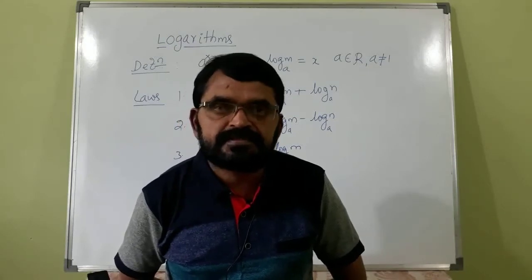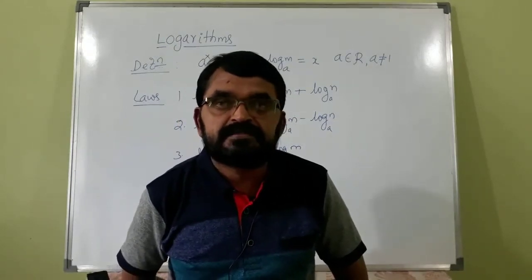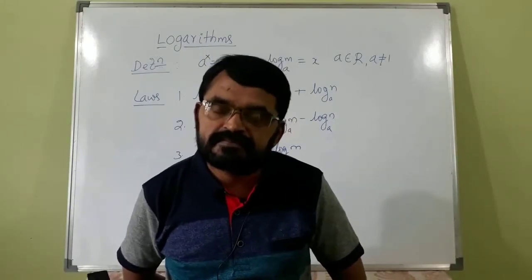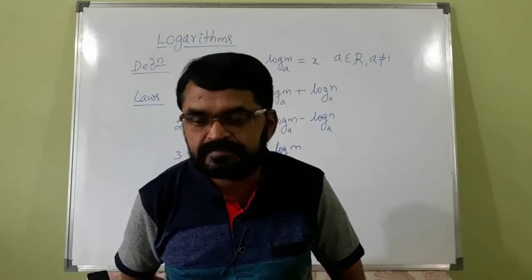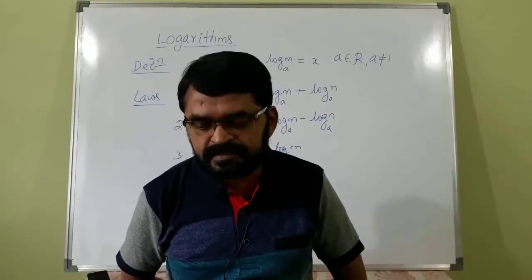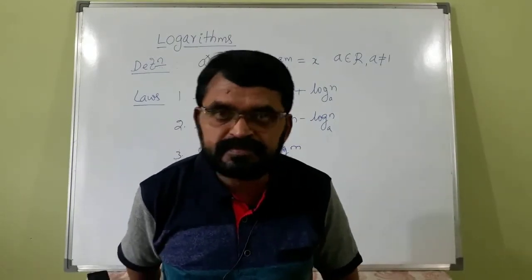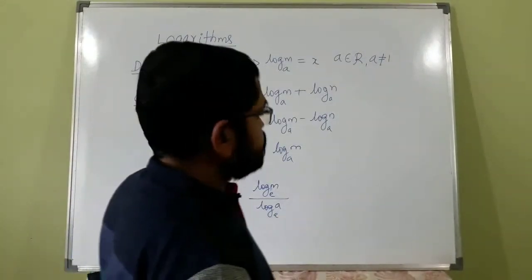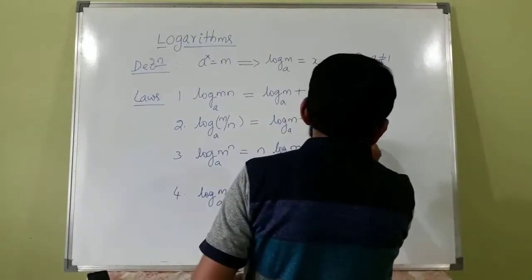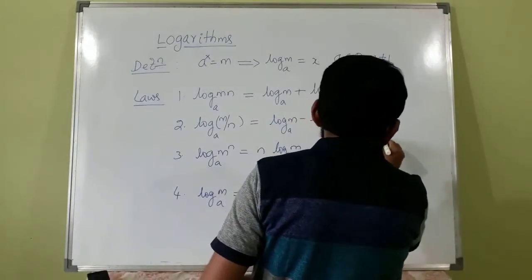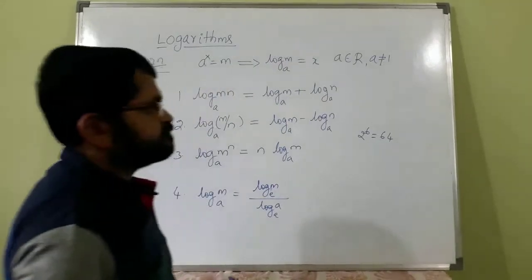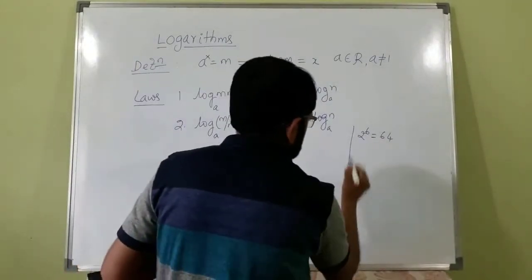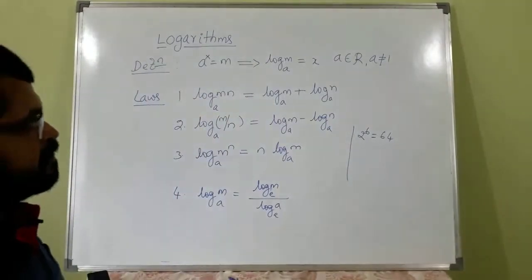Today, let us discuss another important concept of mathematics, that is logarithm. Logarithm is something inverse of exponential functions. Suppose yesterday we saw 2 to the power 6 is equal to 64.